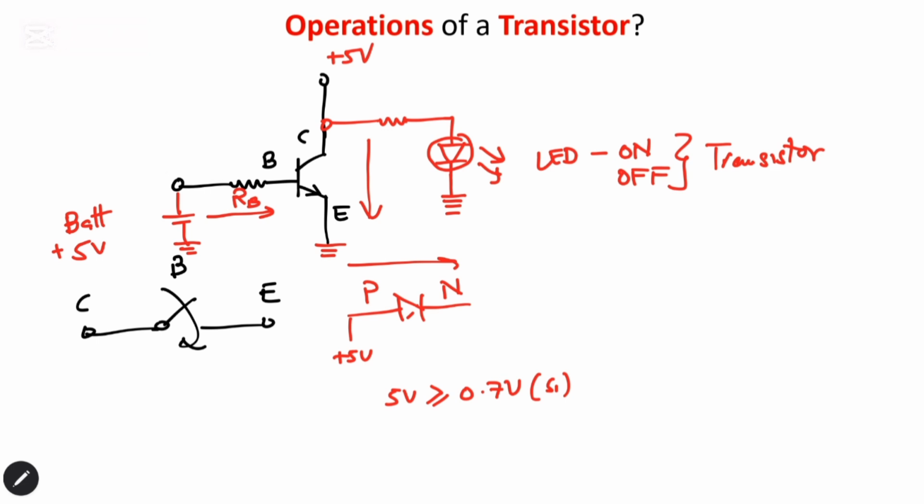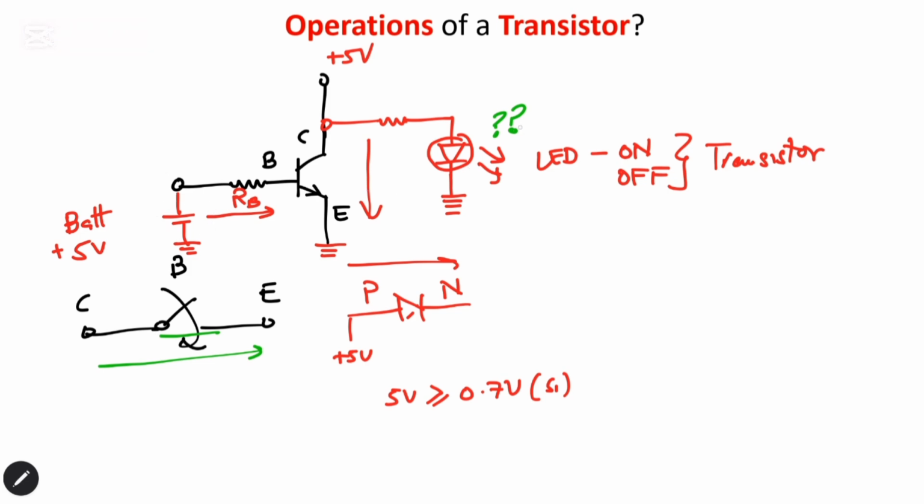So what do you think will be the state? When the base is closed, we now have current flowing from the collector to the emitter. And what will happen to the LED when the switch is closed, or when we apply the 5 volts in this region?